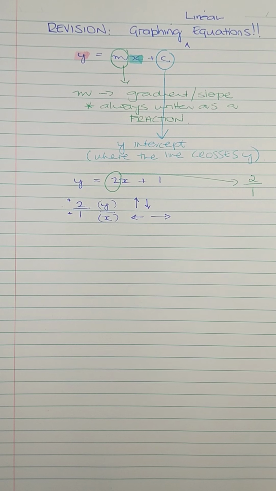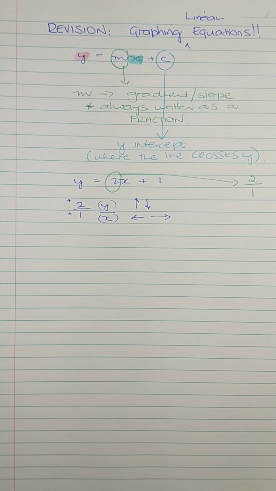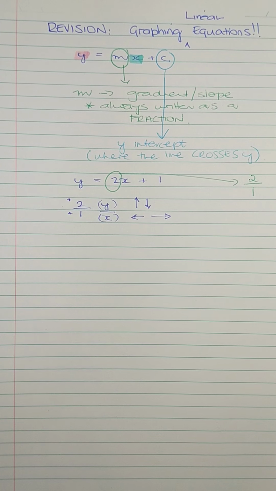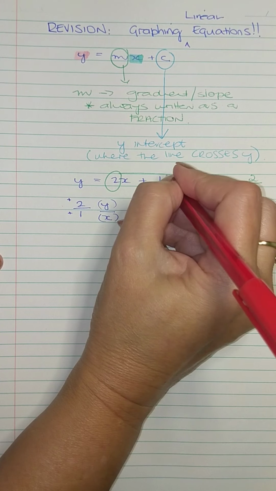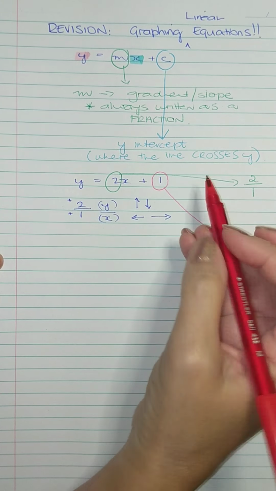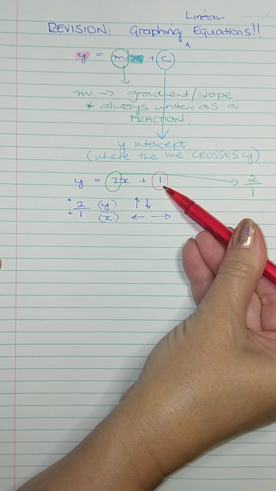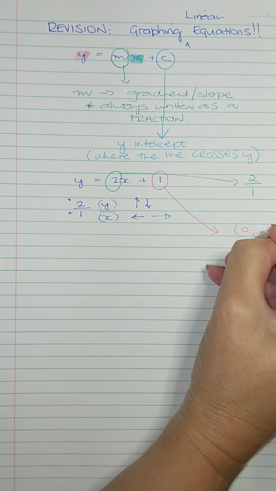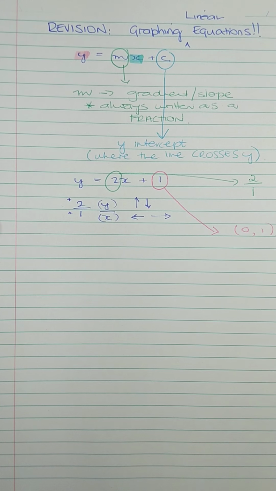Now, you'd be saying, well, that's all well and good, but where do I start this up, down, left, right business from? Well, thankfully, we have a y-intercept, so we know that we can plot this coordinate. Okay, if this is the y-intercept, x will equal 0. So we've got 0, 1 is where we're going to start that.